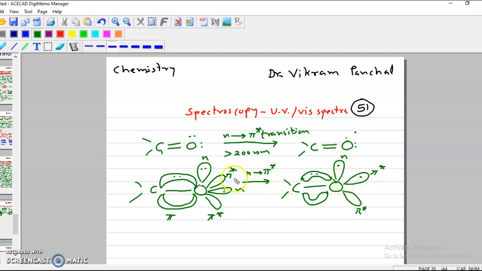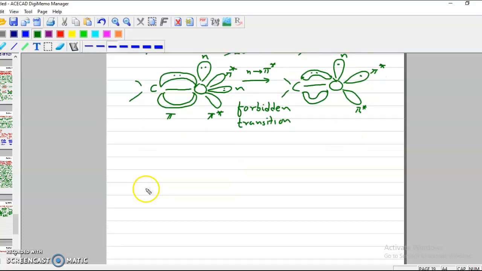Why? Because the electron changes the orbital plane. Okay, so this kind of transition is also known as a forbidden transition, where symmetry changes, orbital changes, the orbital's plane changes. That is why n to pi star transition is called a forbidden transition.